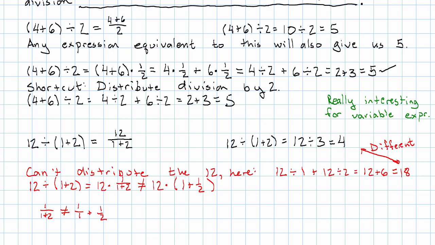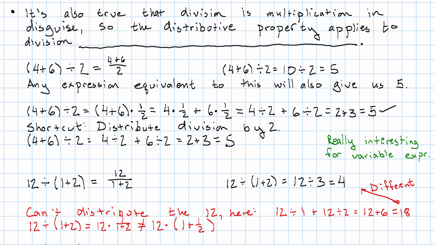So we can apply the distributive property to division as long as the sum is in the dividend, or in fraction notation in the numerator. If we have a sum divided by something, we can distribute the division.